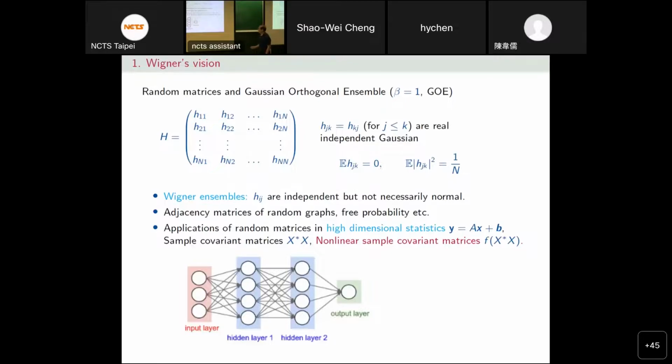At the end of the second half of this talk, I will talk about a two-layer case, which becomes a nonlinear random matrix. You will see that the nonlinear random matrix is actually a special example of neural networks.